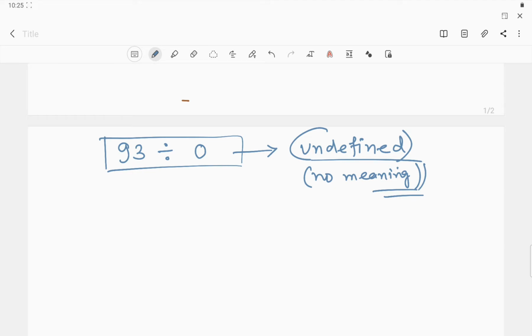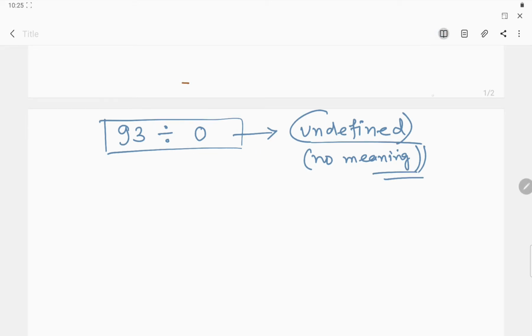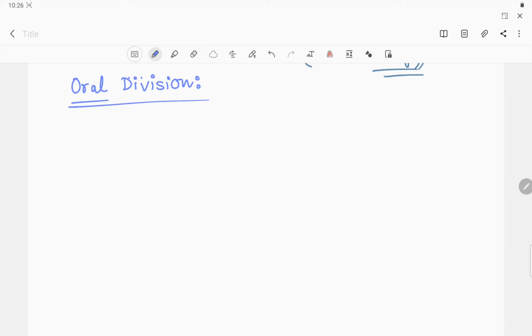And now we will go to the oral division. Now we will learn the division method, but not by doing it in writing, it is done orally. Suppose I want to divide 553 by 10.